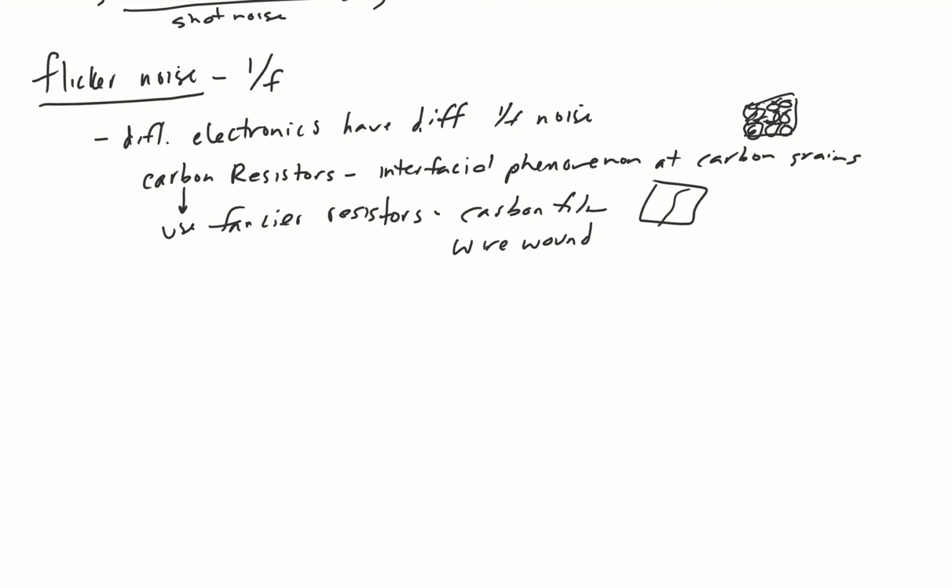So the noise for carbon resistors would be, let's see, the VRMS would be around 0.1 to 3 microvolts per decade of the frequency. Carbon film, or these wire wound ones, will be an order of magnitude less, 0.01 to 0.3 microvolts per decade.